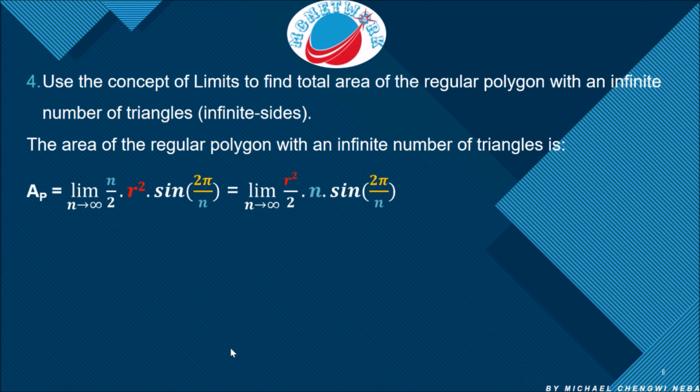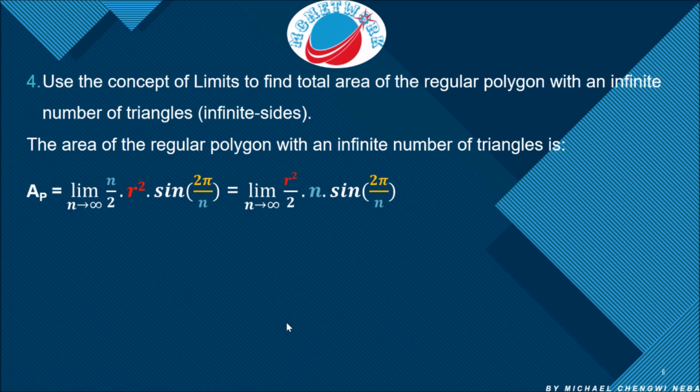We have now the area of the regular polygon with an infinite number of triangles will be equal to what? This will be equal to the limit as n tends to infinity, because at this point you discover that you have an infinite number of triangles.